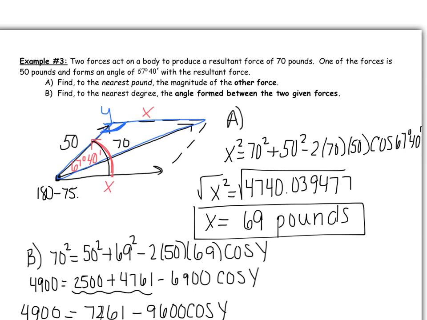You get about 104.237, and what we want to do here is put this in degrees minutes seconds because we want that whole angle. So second apps 4, you get 104 degrees 14 minutes. Perfect. Final answer.